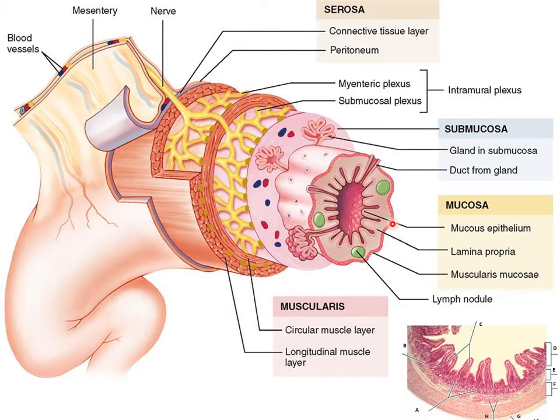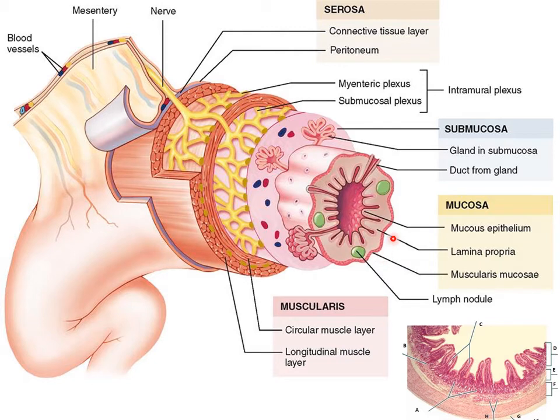Lamina propria is loose connective tissue, so you can see blood vessels, nerves, and lymphatic structures. For example, in this scheme, round and green in color, those are lymphatic nodules.